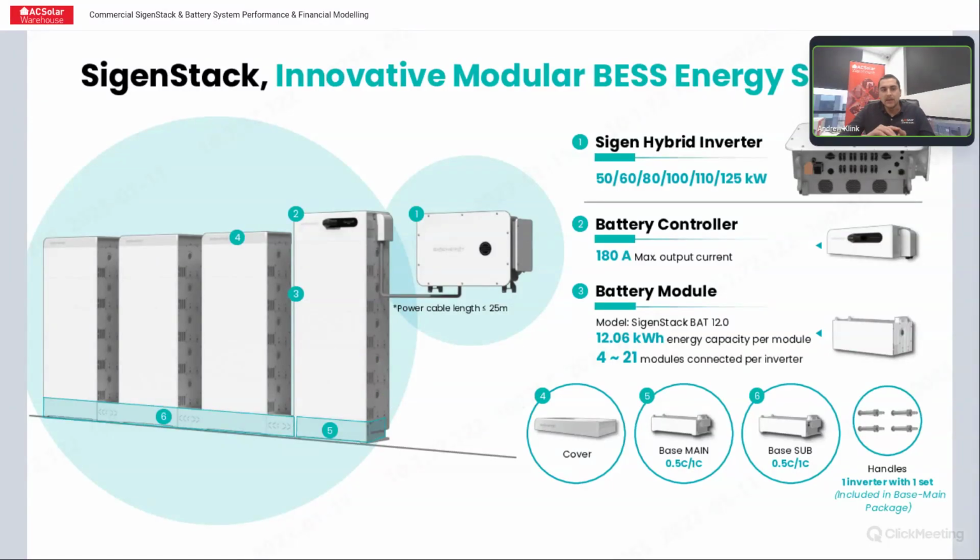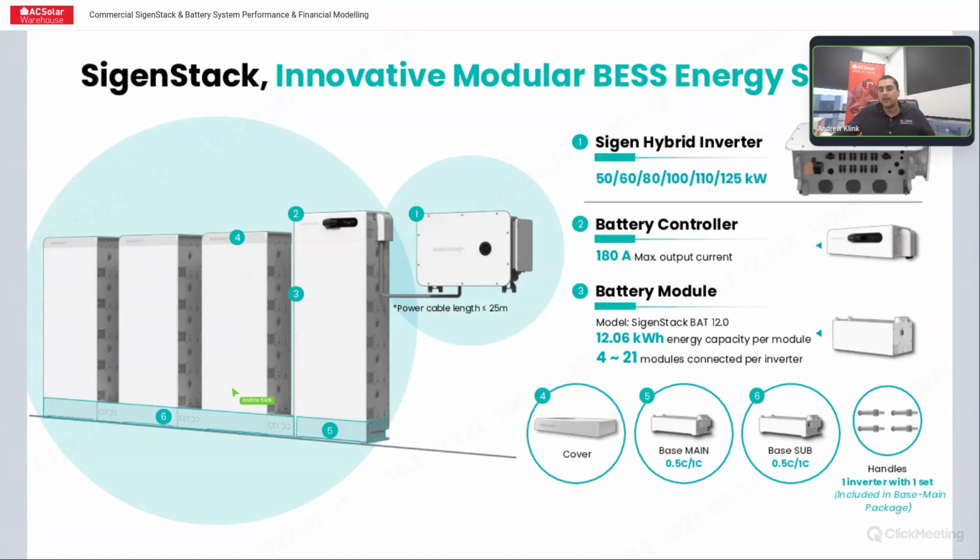Under your main stack, you've got the battery controller and a main base underneath, and any additional stacks you have in parallel with that. We've then got sub bases, which is number 6 here. And we've got covers that sit on top of all of the other stacks that don't have the battery controller on top, just to seal everything off.